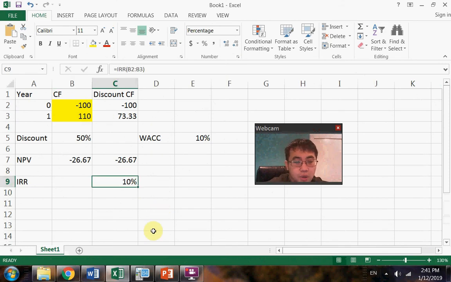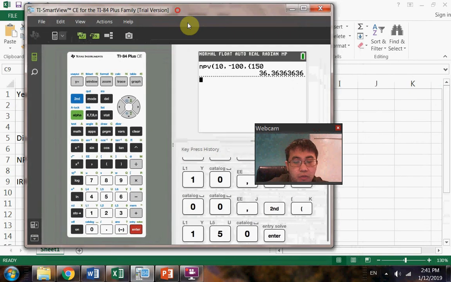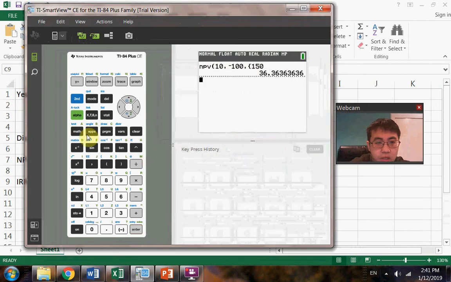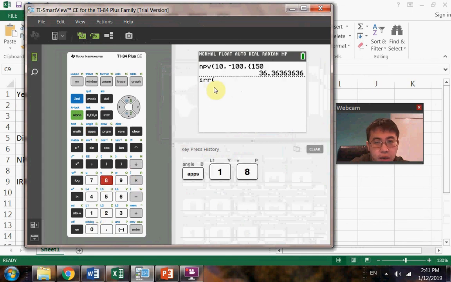If you want to do the work in your calculator, there is a function of your calculator to do that. So once again, let me clear this. You hit apps and then finance, and then you move all the way down to option 8. You get IRR.